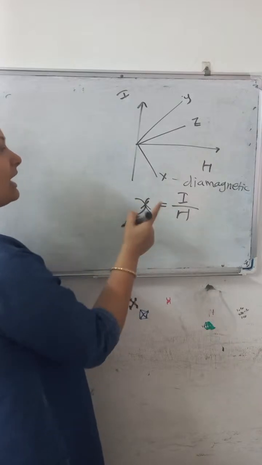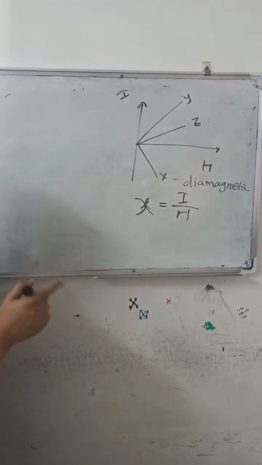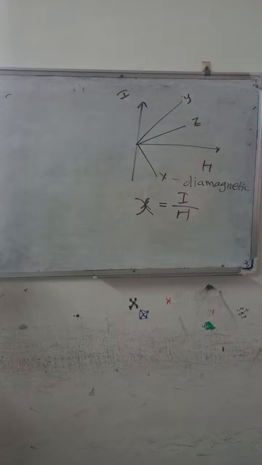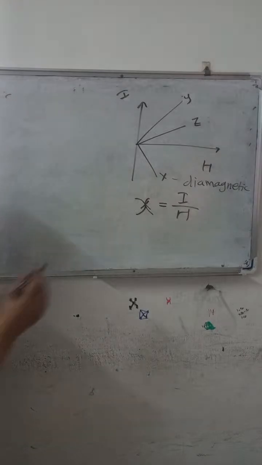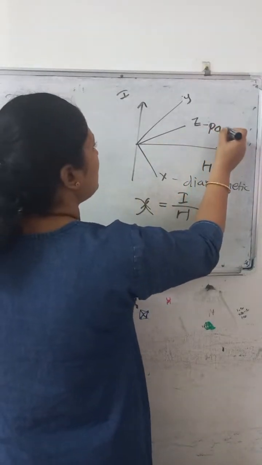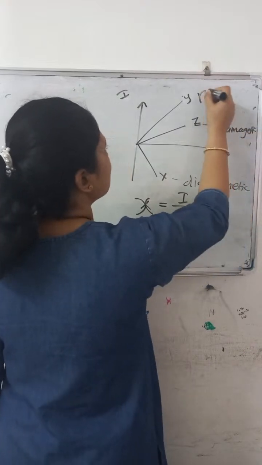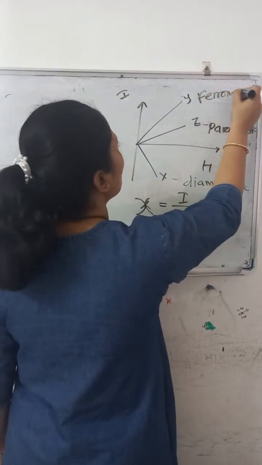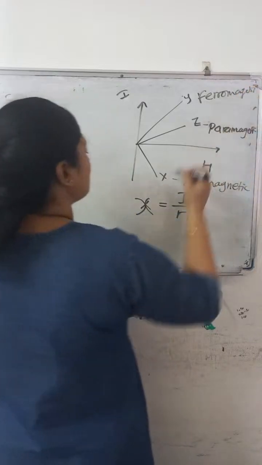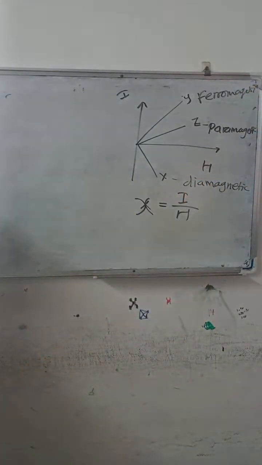So X is diamagnetic, and the susceptibility I by H that we are getting small but positive is nothing but your paramagnetic material, that is Z. The remaining one is ferromagnetic material, because its susceptibility is positive and more than one.